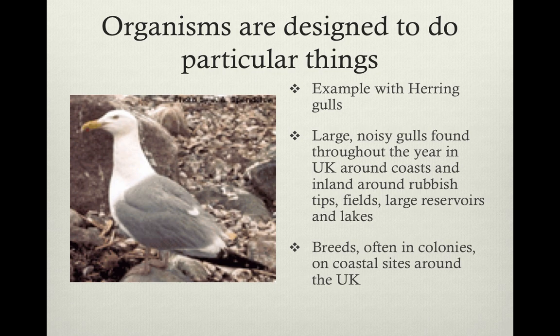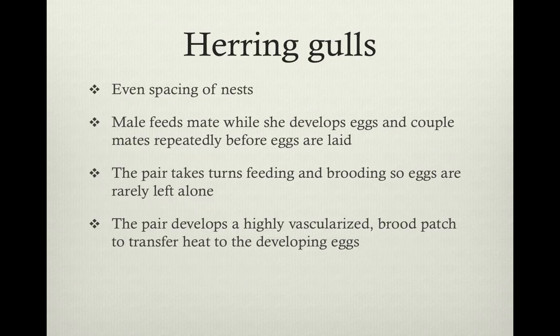They breed often in colonies on coastal sites around the UK. The beach in the UK is kind of like the beach in Oregon or Washington. It's very rocky. It's not the beautiful, pristine, sandy beaches with turquoise water that you might find in the Caribbean. And so the fact that they're colonially breeding on rocky shores is of critical importance.